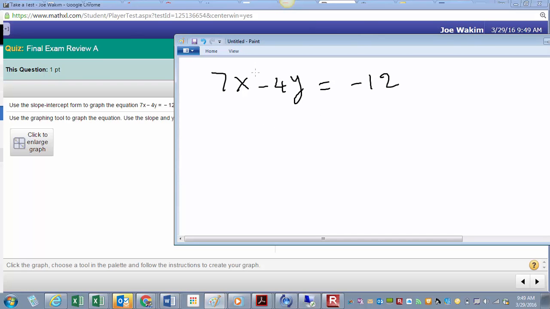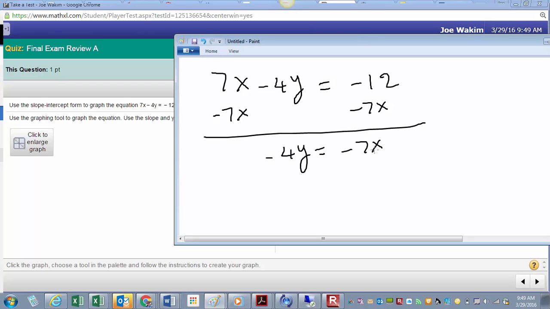So that would be negative 4y equals negative 7x minus 12. These will cancel. Divide everything by negative 4. So you get y equals negative 7 over negative 4 would be 7 over 4 x. Negative 12 over negative 4, that would be plus 3. So we have y equals 7/4 x plus 3.